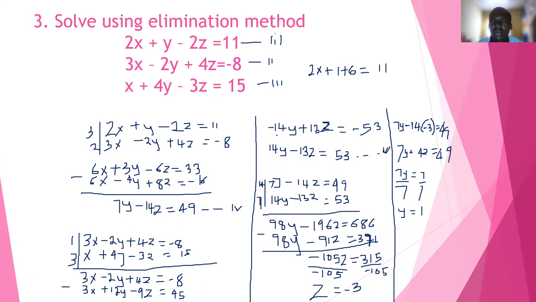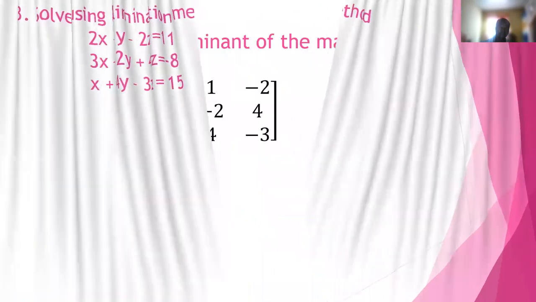This will be 7, so 2x is equals to 11 minus 7, which is 4. So divide by 2. So x is equals to 2. And that is the answer.